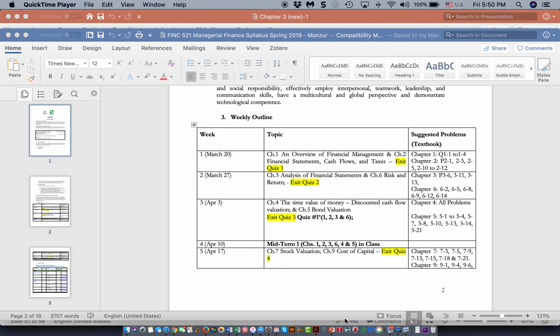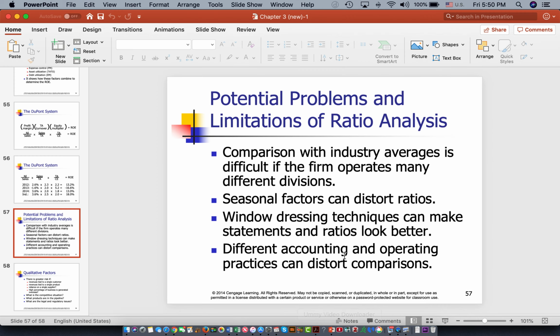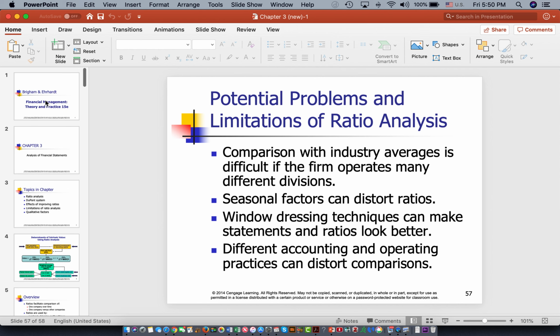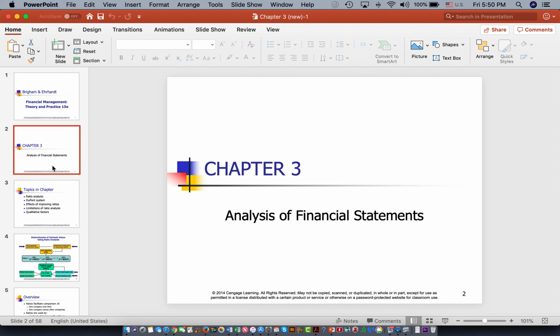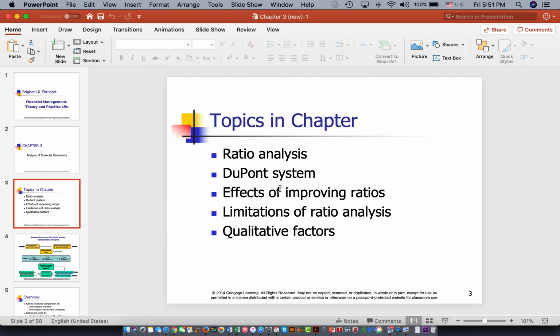So let me show you the important parts of those. If I go to chapter 3 here, analysis of financial statements, basically you will do ratio analysis and DuPont analysis.